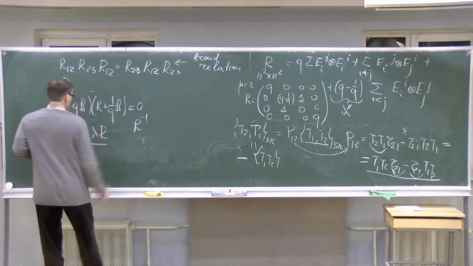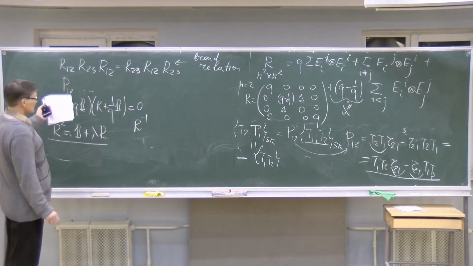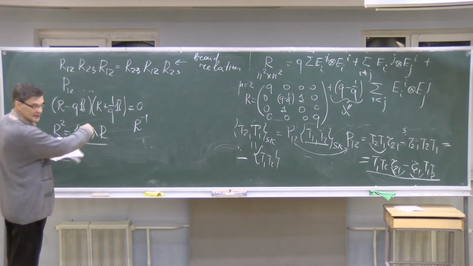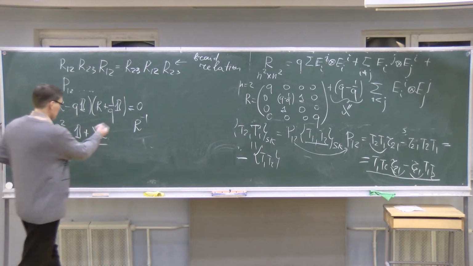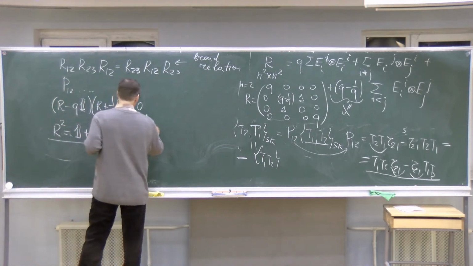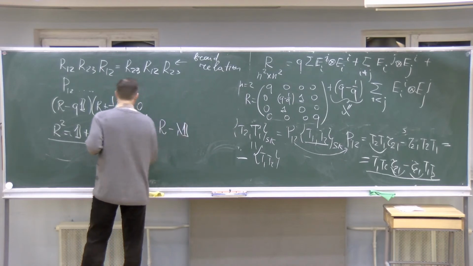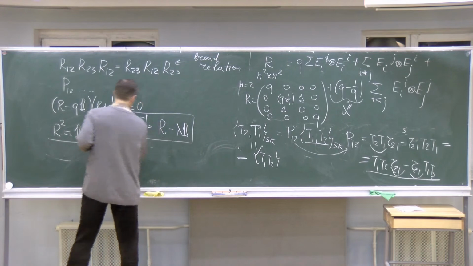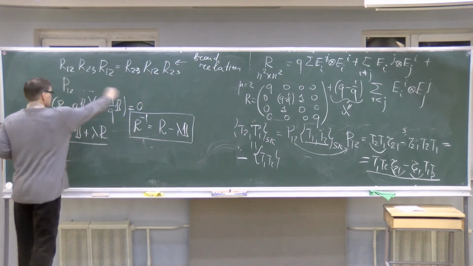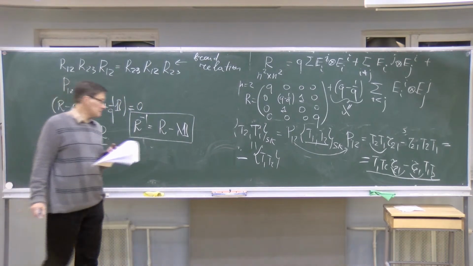Multiplying the polynomial by the inverse R matrix, we get the following simple relation. All these are equivalent, of course.